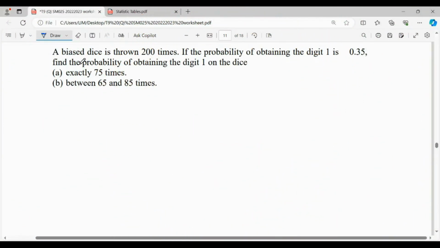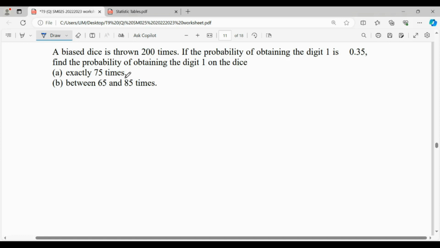Hi everyone. For this question, it said a biased dice is thrown 200 times. If the probability of obtaining the digit 1 is 0.35, find the probability of obtaining the digit 1 on the dice (A) exactly 75 times, (B) between 65 and 85 times.